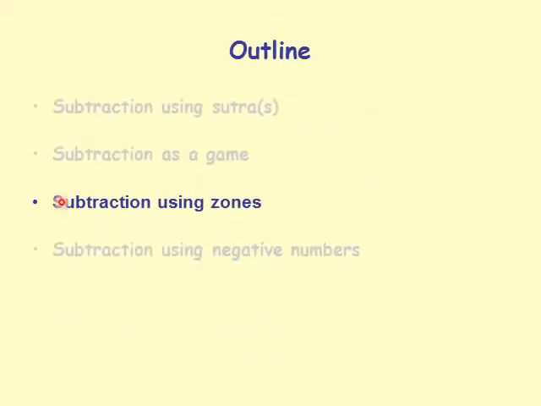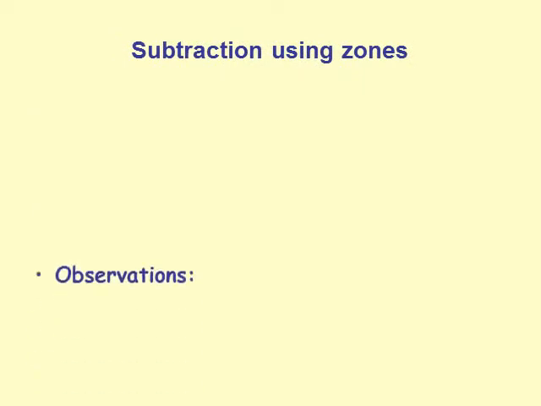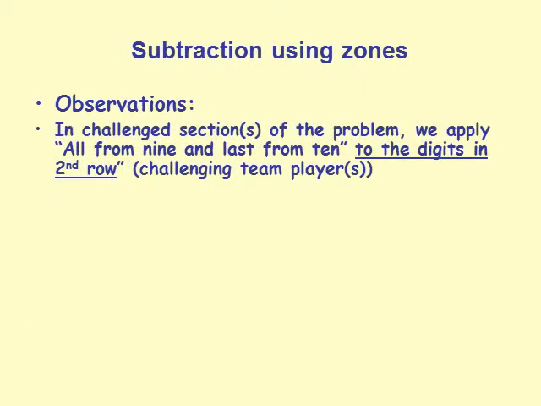We would now start on the third section, subtraction using zones. Let's make some observations. From previous work, we have noticed that in a challenge section of the subtraction problem, we apply all from 9 and last from 10 to the digits in the second row, which are the challenging team players.